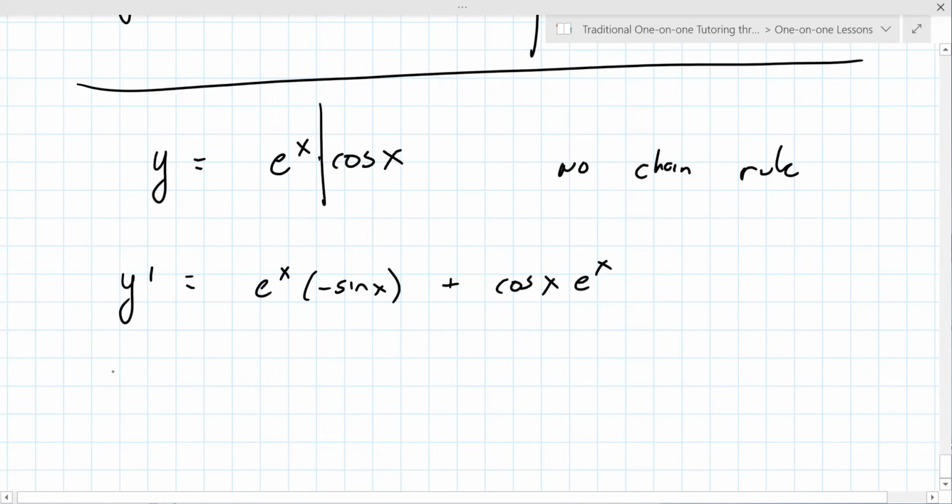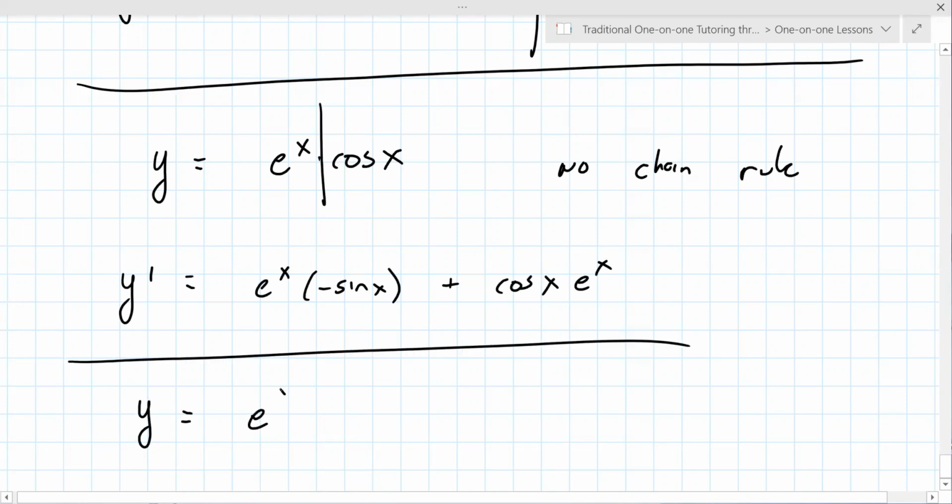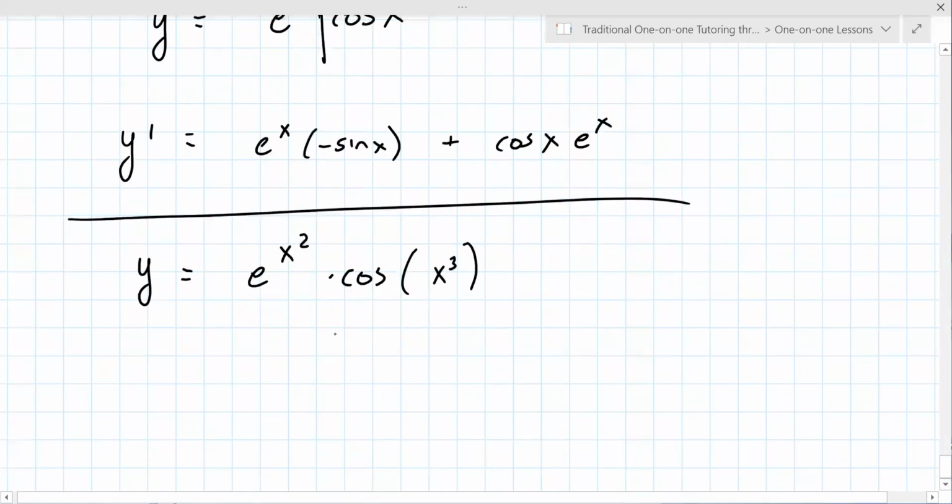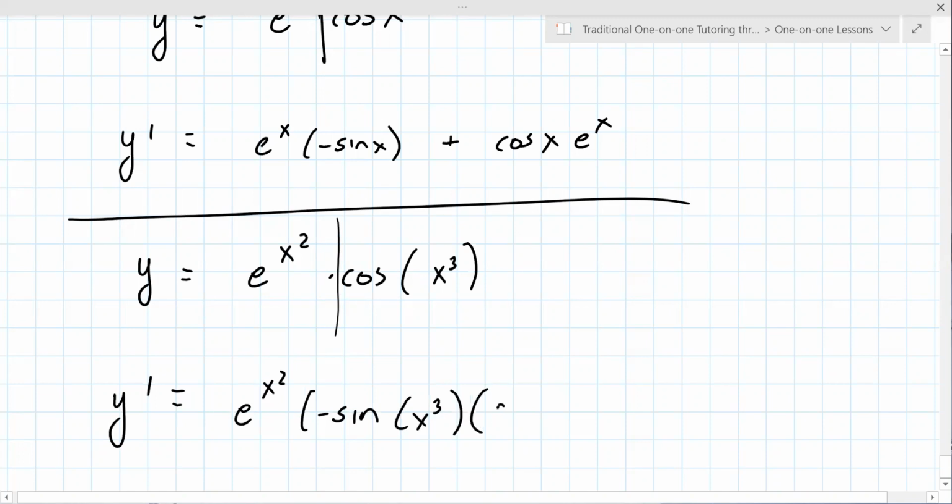Okay. Right. But now let's make one kind of like it. Let's say y equals e to the x squared times cosine of, I don't know, x cubed. These now both have chain rule in them. Okay, but it's still product rule. It's still product rule. So e to the x squared times negative sine of x cubed, times 3x squared.